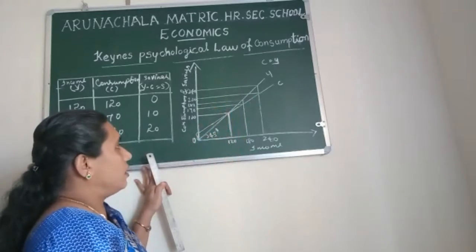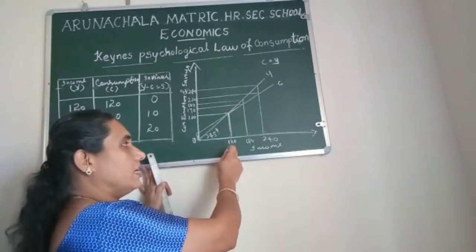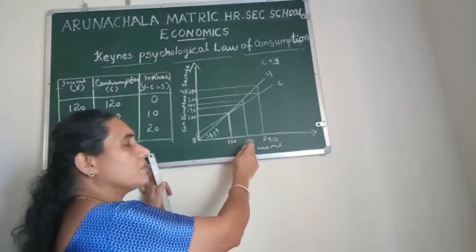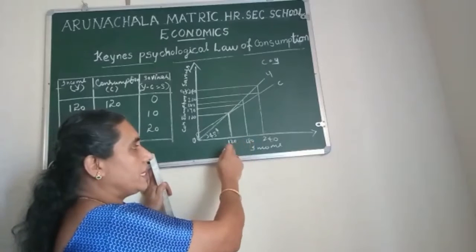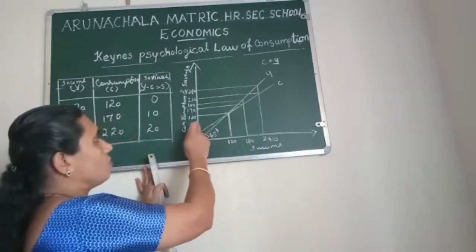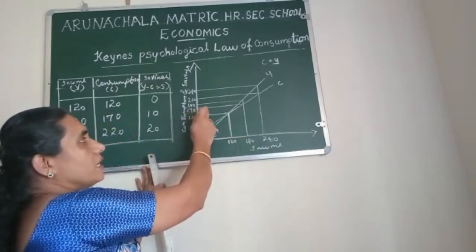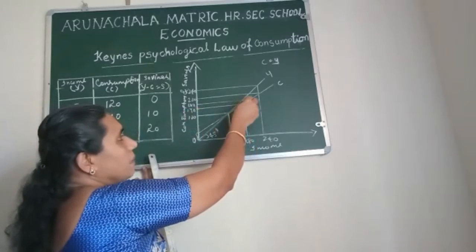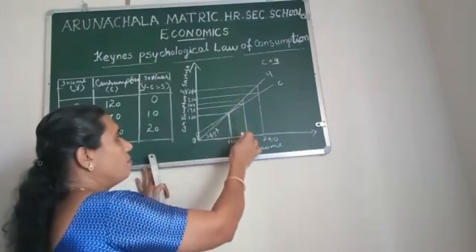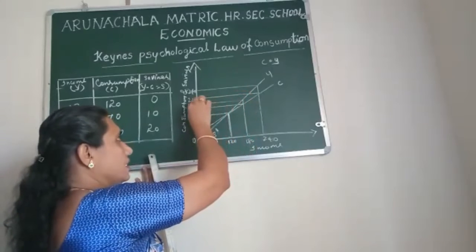Okay, then from the initial amount 120, the income increases to 180. From 120 to 180, the income is increasing. Here also from 120 to 170, the consumption is increasing.